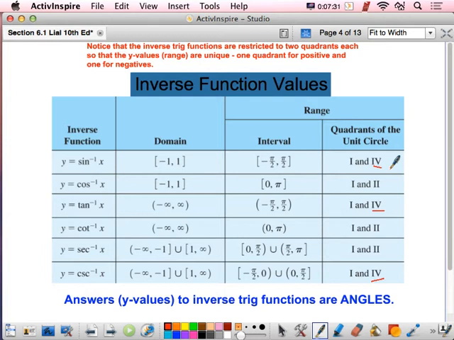But you're not allowed in inverses to go over pi or 180. So because you're not allowed to go bigger than 180, you have to give it as a negative answer. So see how these guys right here have negative possibilities for answers? And so that's why it gets really hard to start sorting out.